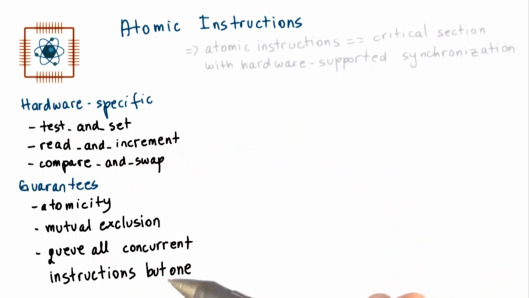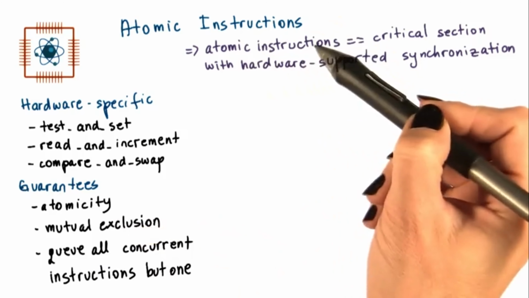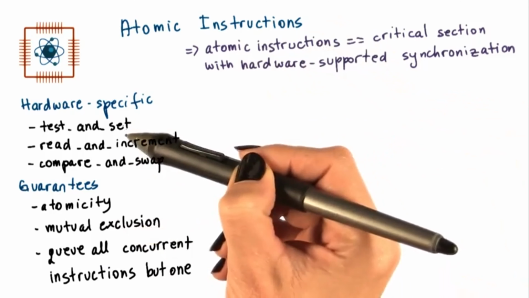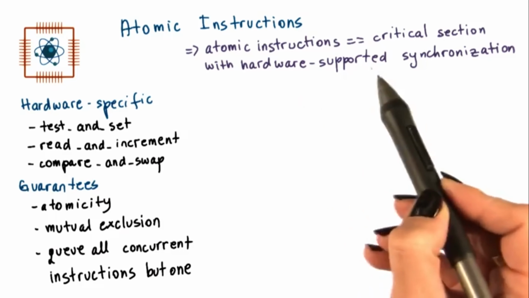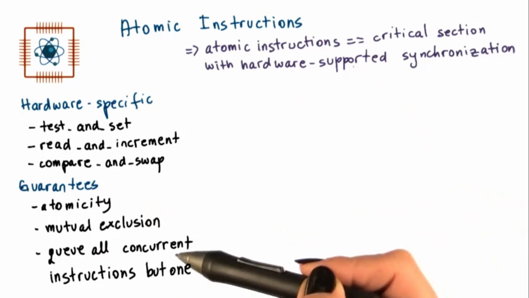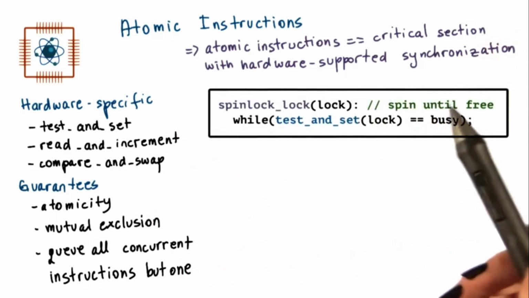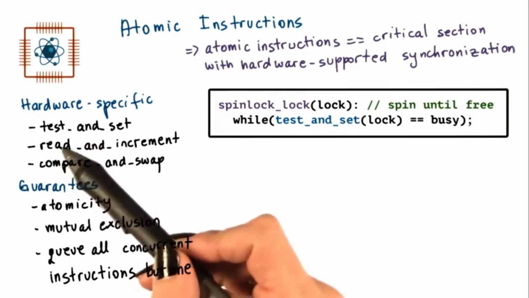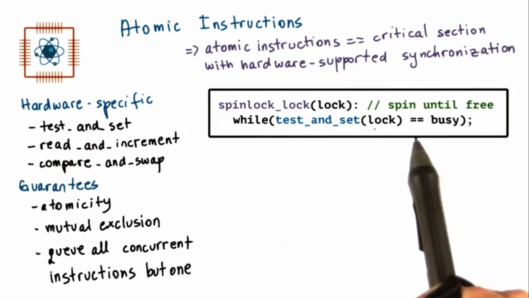They'll have to wait. So if we think about this, what this means is that the atomic instructions specify some operation, and this operation is the critical section, and the hardware supports all of the synchronization-related mechanisms that are required for that operation. If we look at our Spinlock example using the first atomic test and set operation, the Spinlock implementation can look as follows.